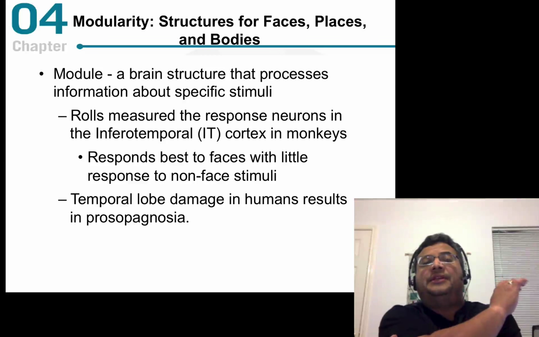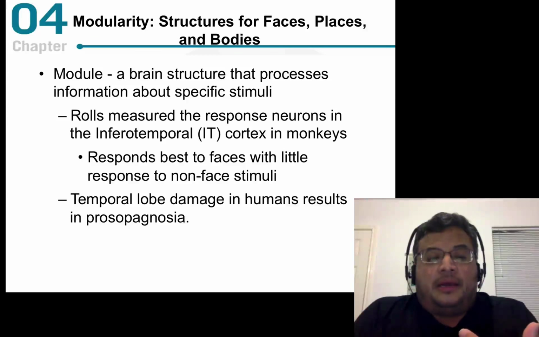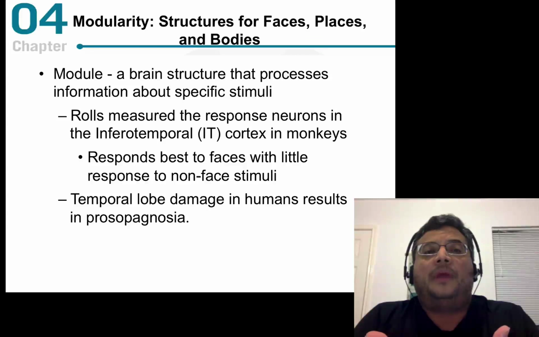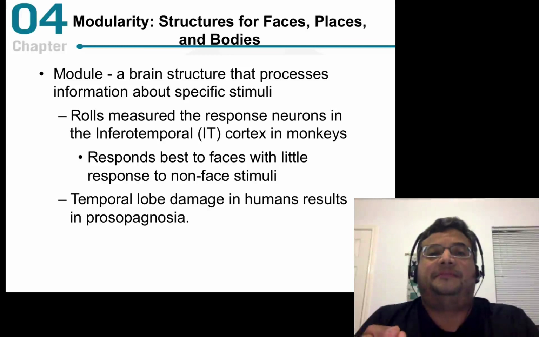One of the things that we've discovered in recent years, in human and in animal brains, is this idea of a module. Okay, a module being a part of the brain that processes information about a specific stimulus.